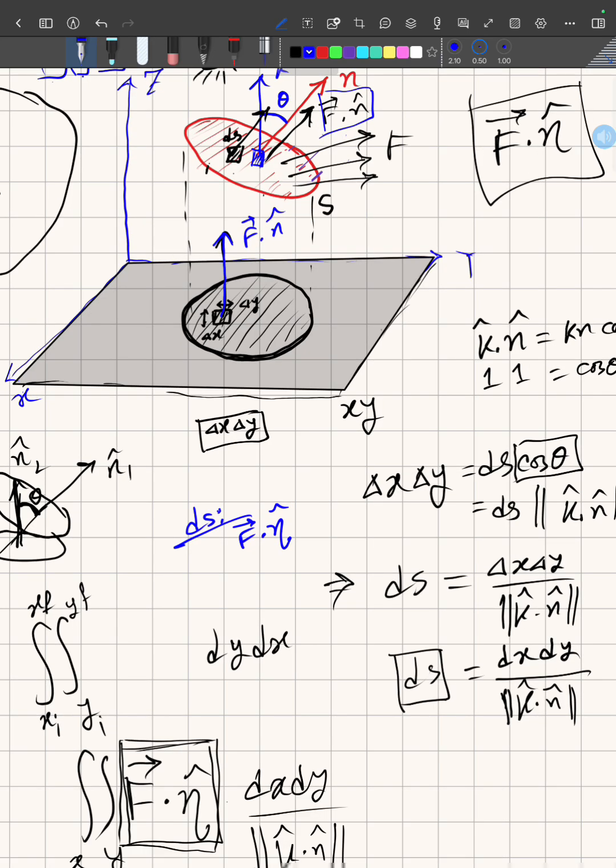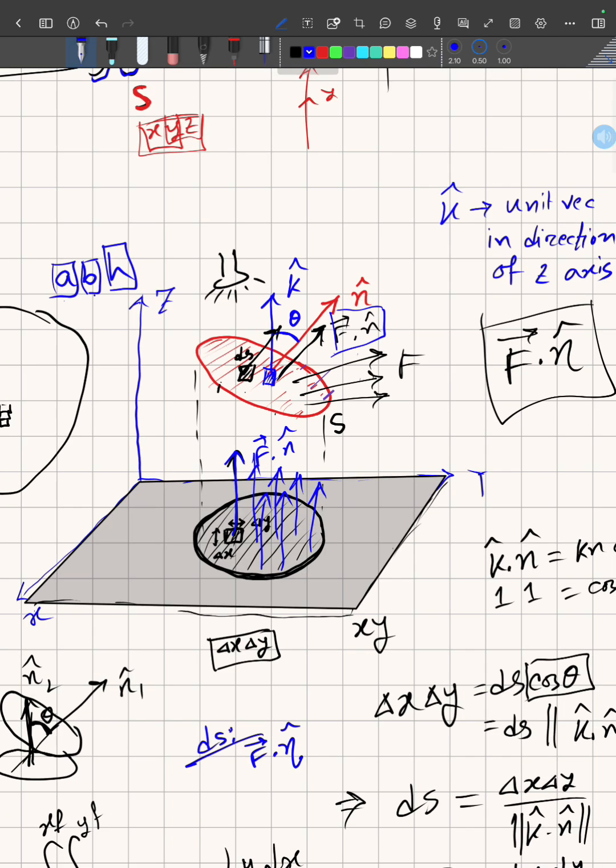So if we take all the F dot n's at all points on this surface here, we will get this. Let me take another color. We will get this amount of flux. Are we clear now? I think you can now see what we are actually doing.